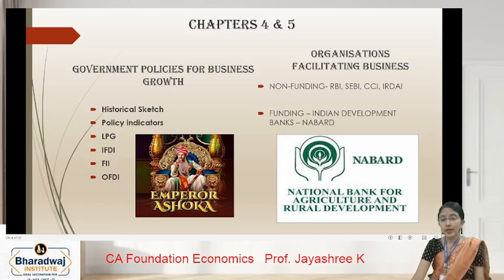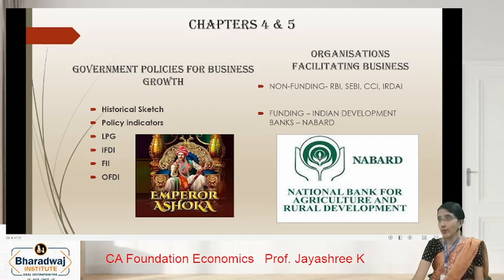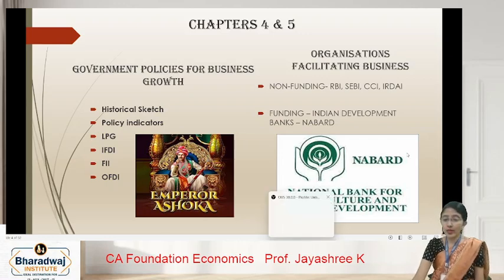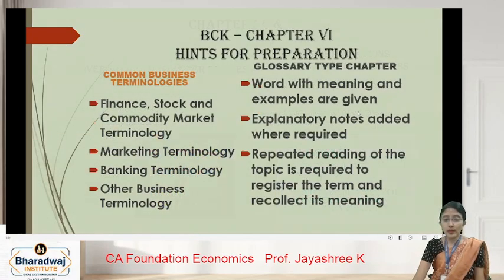When you have organizations facilitating business, non-funding and funding, that category itself is very important and a very favorite segment for the examiner. Asking you some data from this is a favorite question.